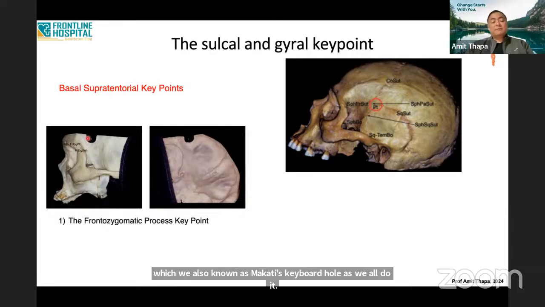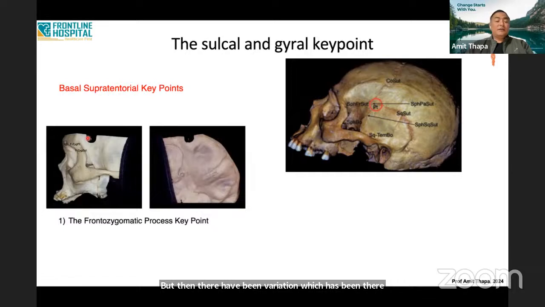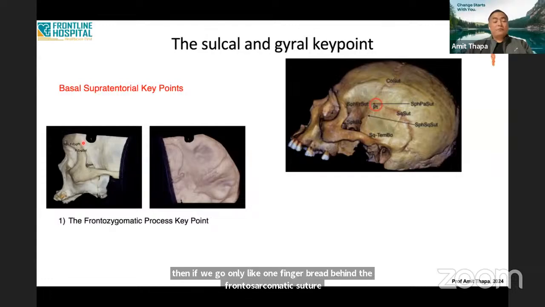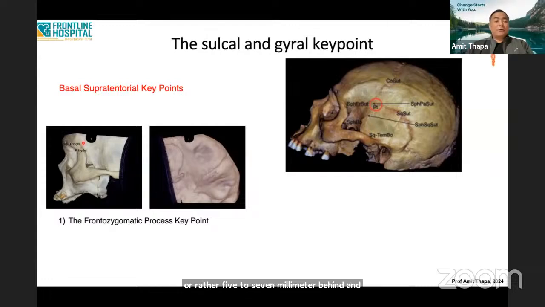Most people go 1 centimeter behind the frontozygomatic suture, but if we go only about 1 finger breadth, or rather 5 to 7 millimeter, behind and superior to it, we will be at a point where we can not only go towards the orbit, but can also go towards the frontal skull base, if we just change the direction of this particular keyhole site.